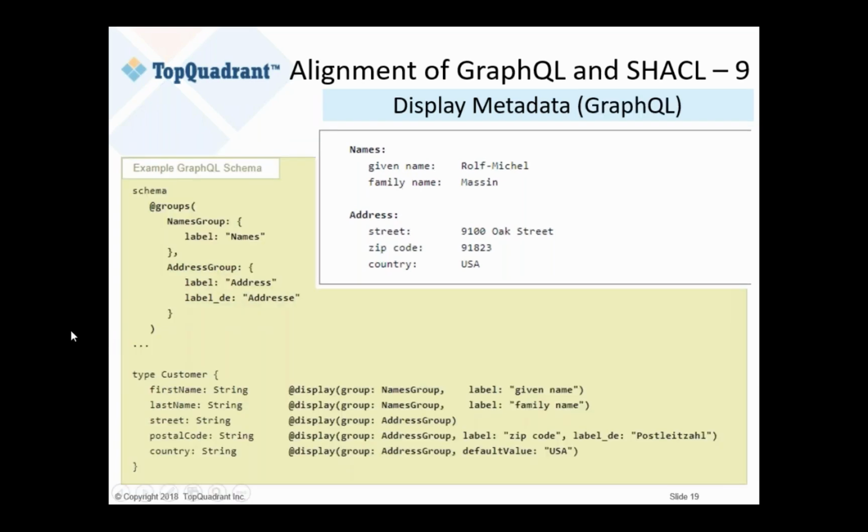So we had to define, again, a couple of annotations that allow you to annotate your existing GraphQL schemas to capture the same information. And we have introduced an annotation called display, where you can exactly represent the same information.